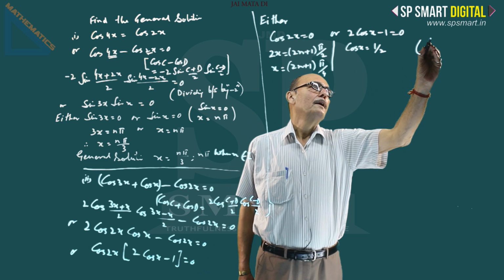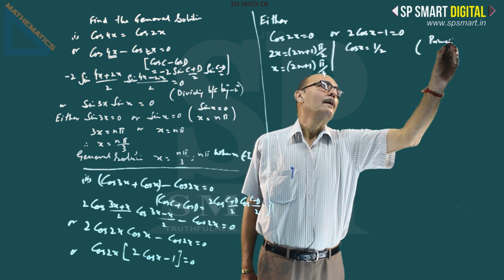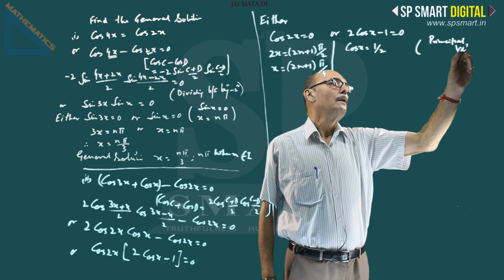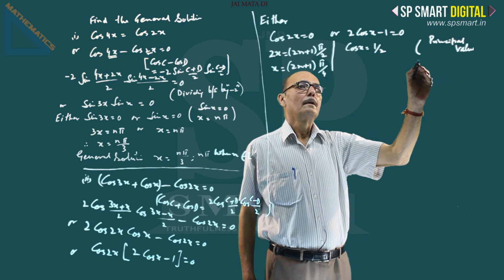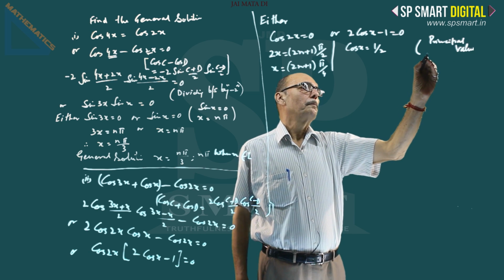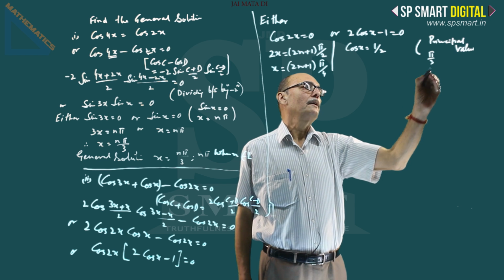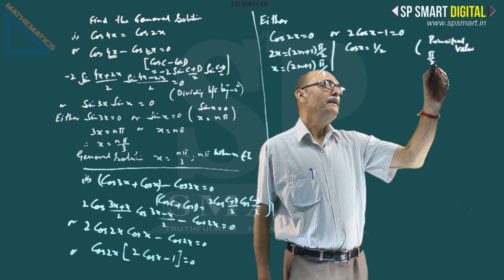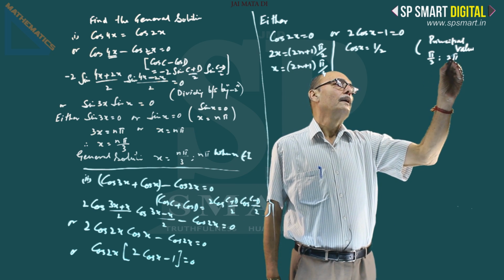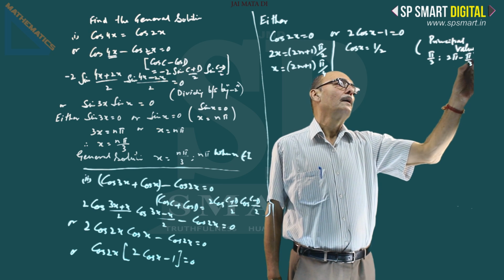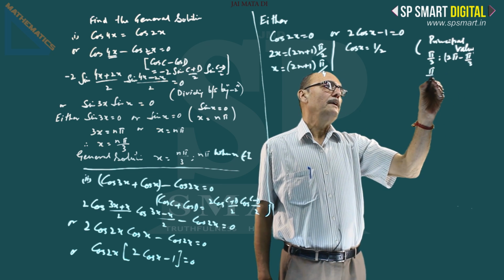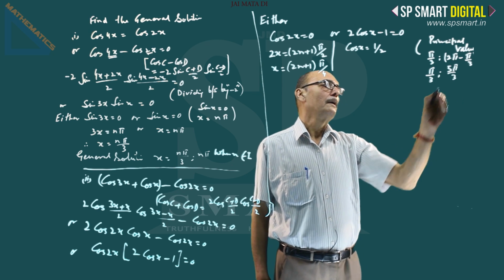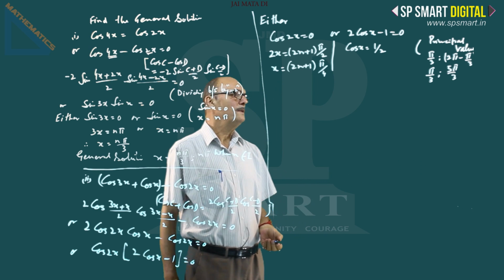I write down here the principal value as pi by 3 because cos pi by 3 is 1 by 2.